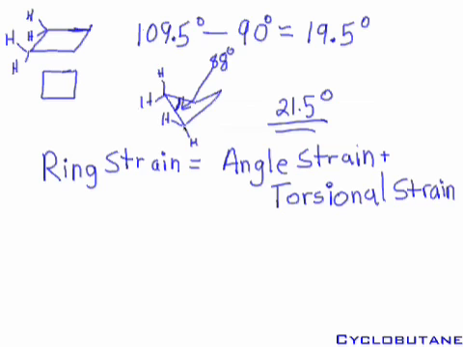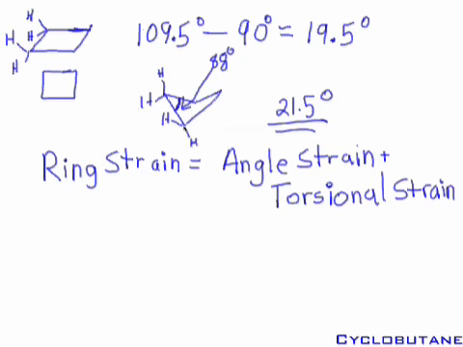Overall, the molecule is going to try to minimize ring strain. And if it can do it by increasing angle strain and getting more back by relieving torsional strain, the molecule will. So you need to be able to explain why cyclobutane adopts a bond angle of 88 degrees and not 90. Why cyclobutane increases angle strain.